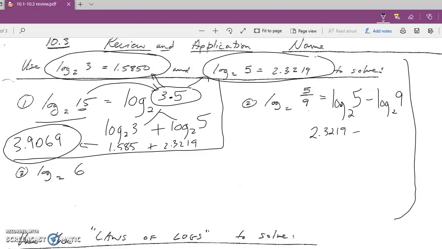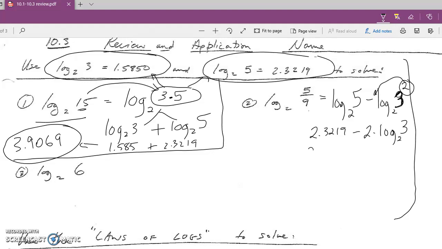Well, 9 is like 3 to the 2nd power. So I change this into 3 to the 2nd. And remember, if there's an exponent in front of here, we can put it right there. That's another property of logs. And turn it into 2 times the log base 2 of 3.